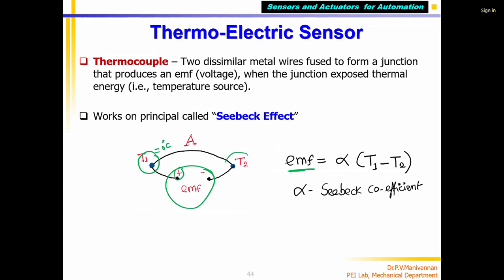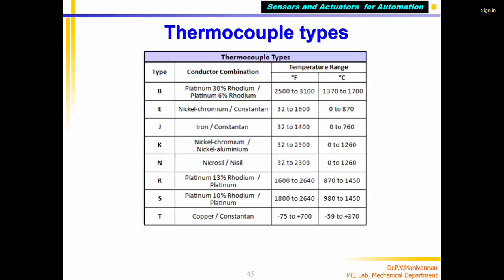The other one is the measuring junction, T2, increasing to whatever temperature. That means (T1 minus T2) multiplied by alpha, where alpha is called the Seebeck coefficient. That depends upon the type of thermocouple. For each thermocouple there are B type, E type, J type, K type, N type, R type, S type, T type. These are the industrial grades that use different combinations.